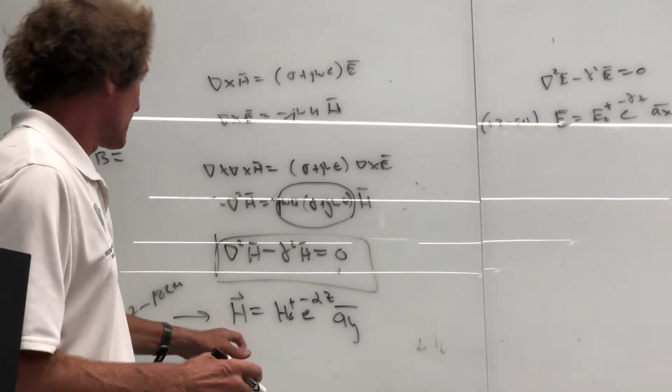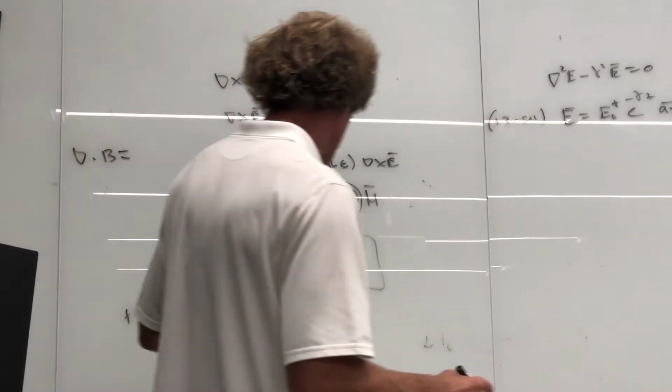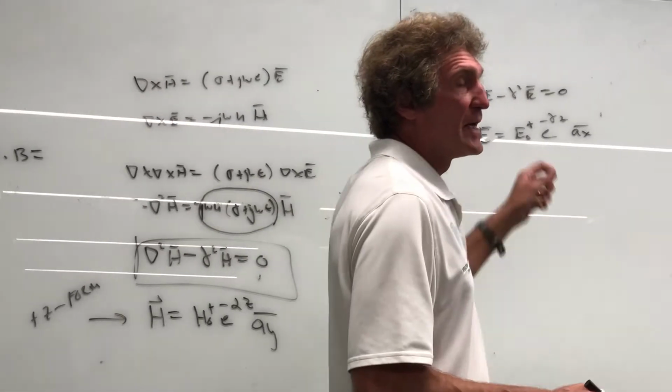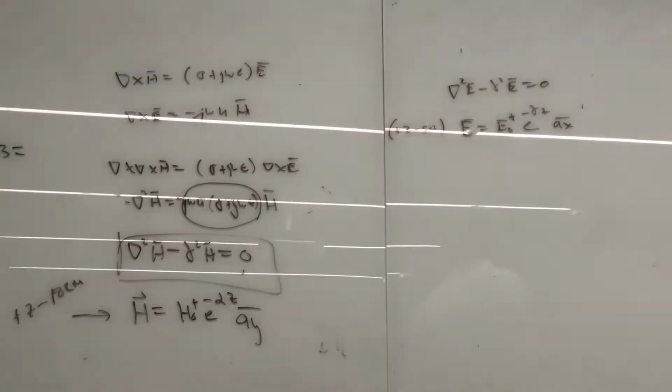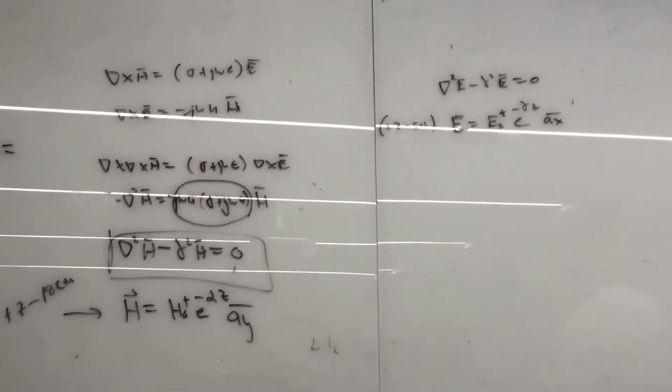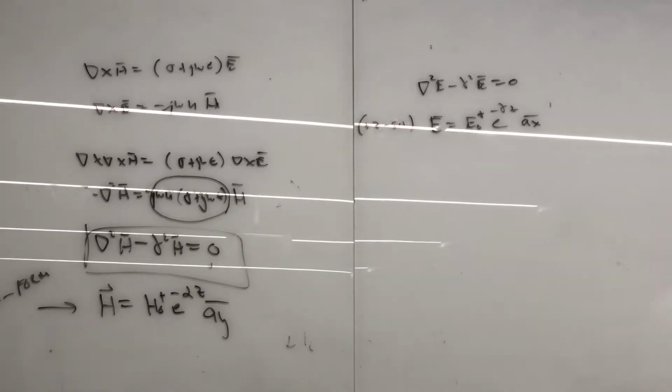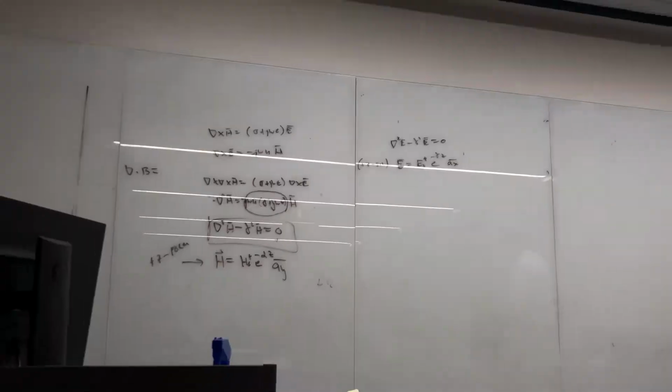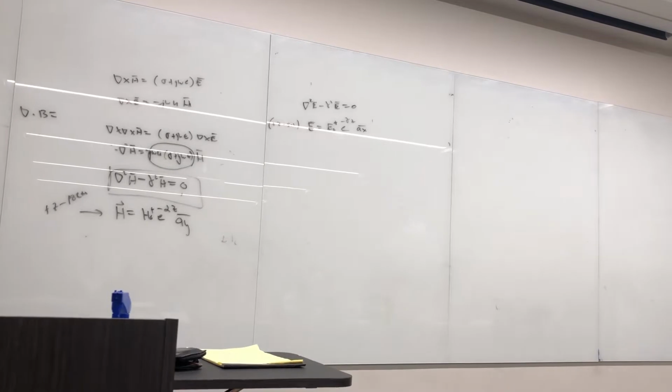Now this H field and this E field exist at the same time in space. As a matter of fact, you cannot have a propagating E field without an H field, necessarily. And it comes from Maxwell's equations.